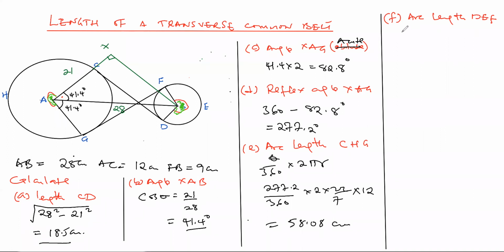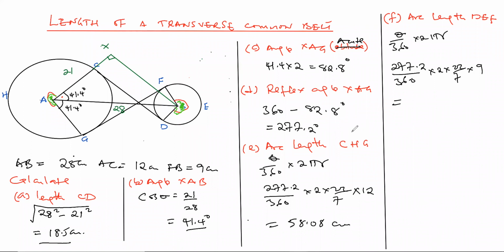So arc length is theta over 360 times 2 pi r. In this case, theta is 277.2, then over 360 times 2 constant, pi constant, radius is 9. The radius of that small circle is 9.